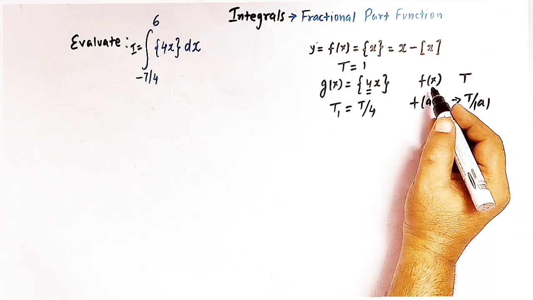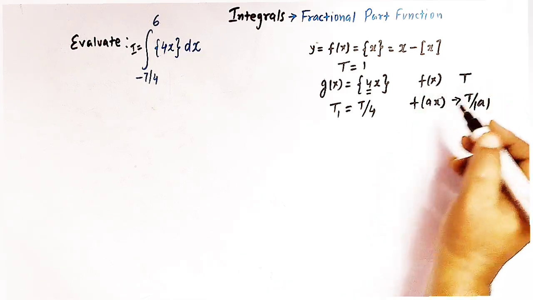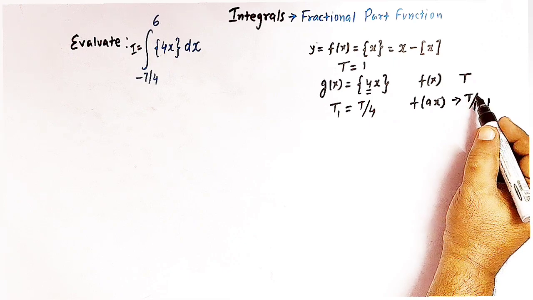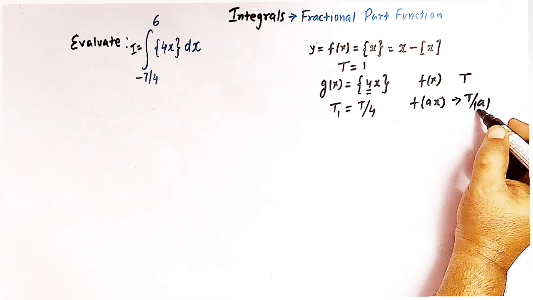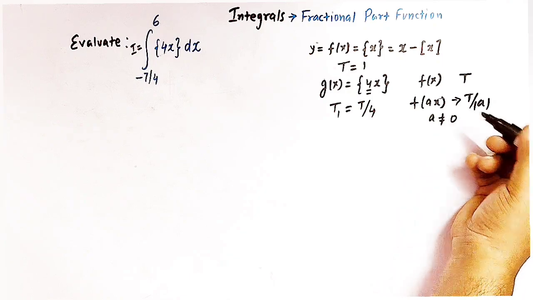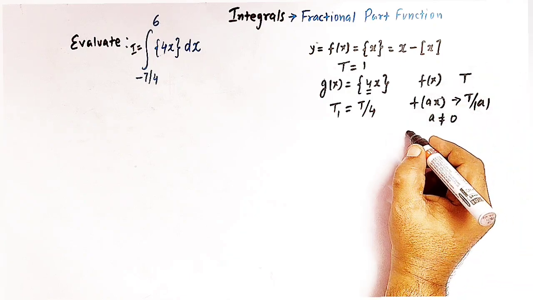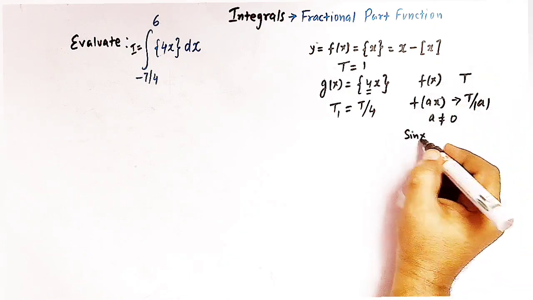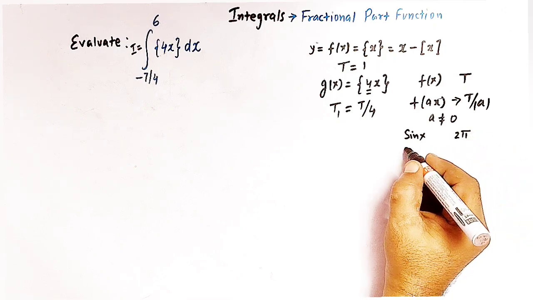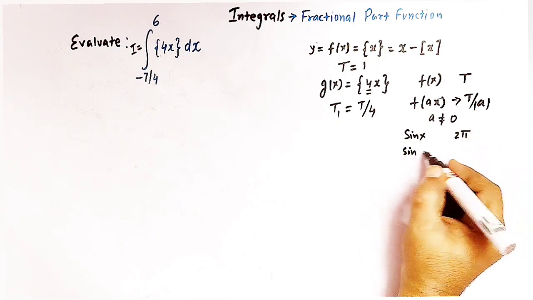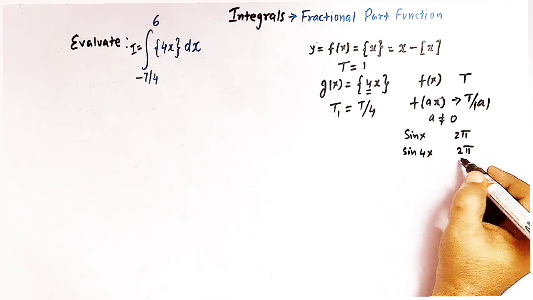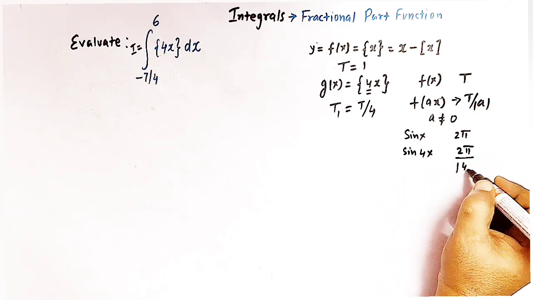So if the period of f of x is t, then the period of f of ax is given by t divided by the absolute value of a, and here a is not equal to 0. Now see, for example, we know that the period of sine x is given by 2 pi, then the period of say sine 4x is given by 2 pi divided by mod of 4.